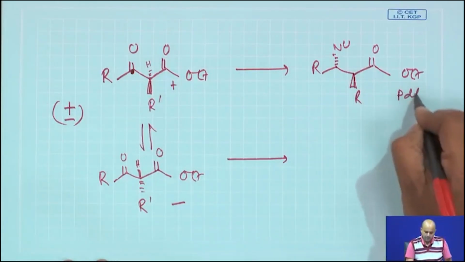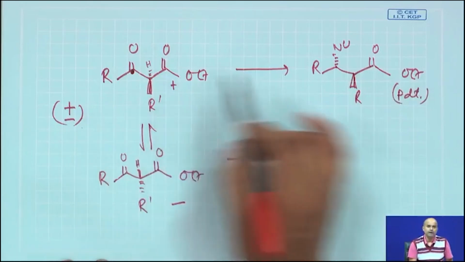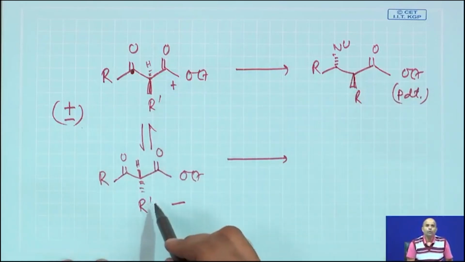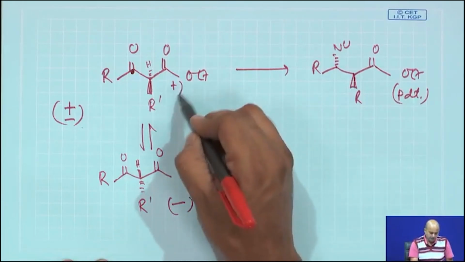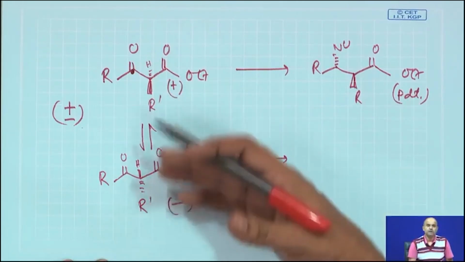Okay. Now, if the fast isomer reacts faster, what is the slow isomer doing? Now, your dynamic kinetic resolution, or the racemization, comes into the picture.